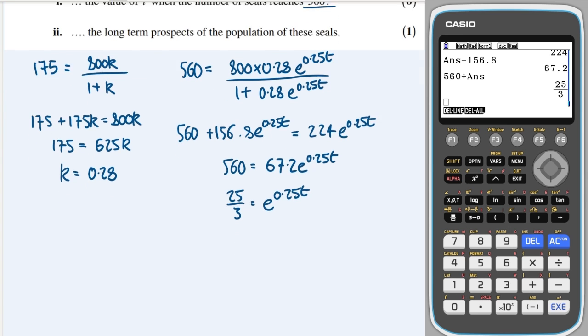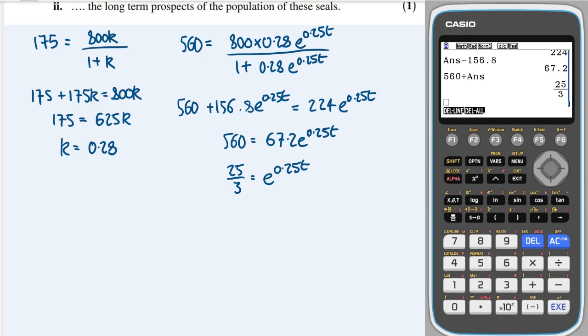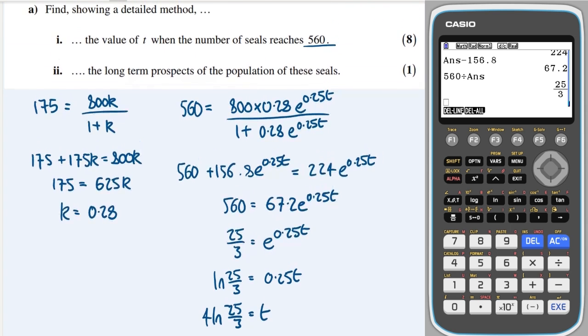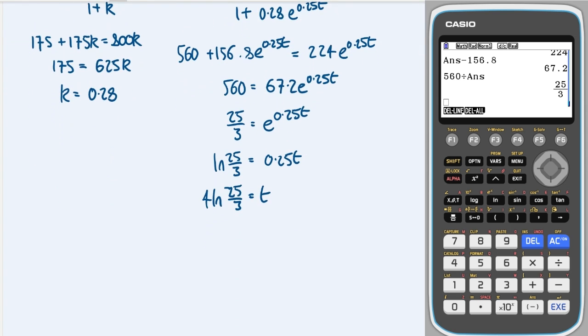And then we'll take the natural logarithm of both sides, which gives me this. And then I'll just multiply both sides by 4. And it asks me for the value of t, so I'm going to give that as a number, as this is a real life question.